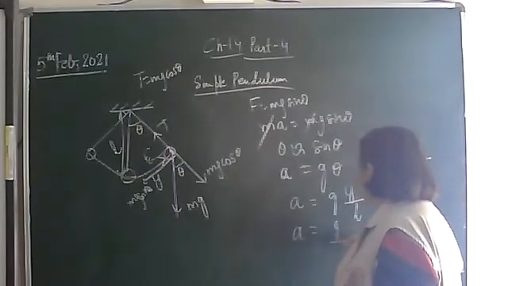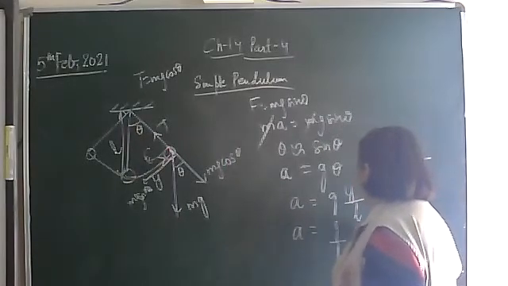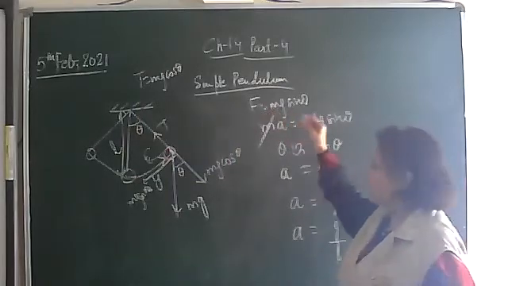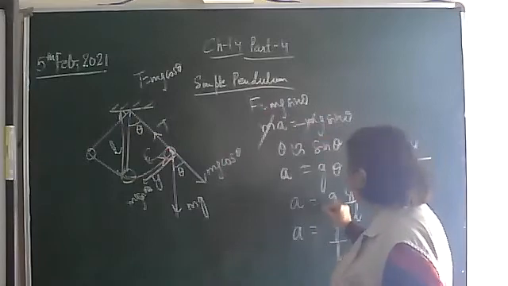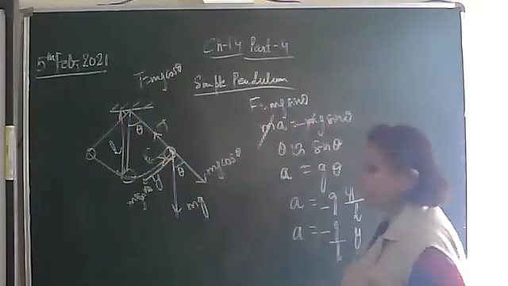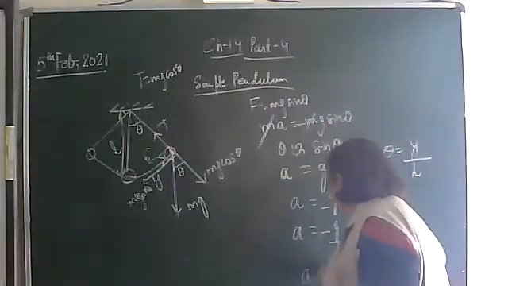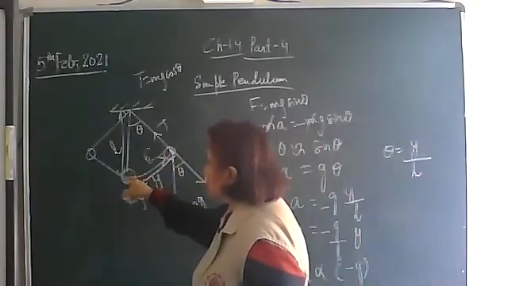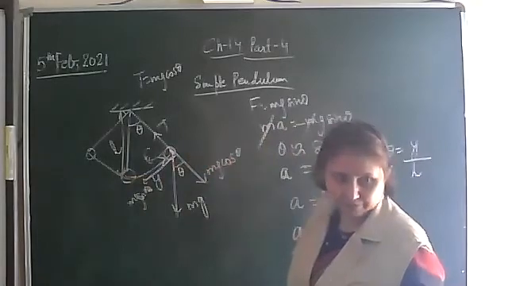Acceleration is equal to g by L times y. This restoring force is minus mg sin theta. So the acceleration is directly proportional to the negative of displacement. Acceleration is acting towards the mean position, while displacement is measured away from the mean position.